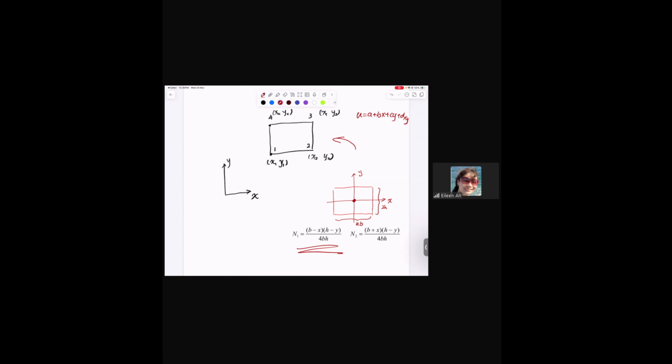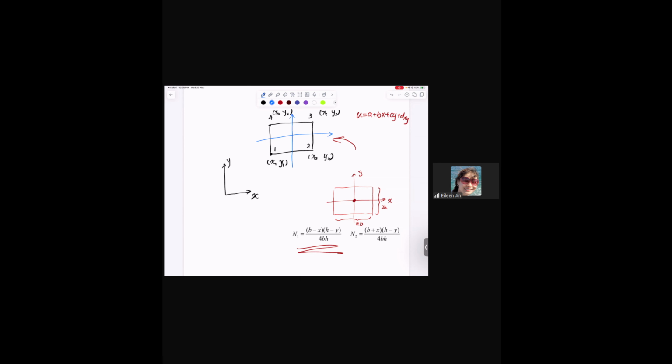Now, the global coordinate system is x and y, right? Why not we create another coordinate system and we let the other coordinate system be located at the center of this element? For example, I create another one.